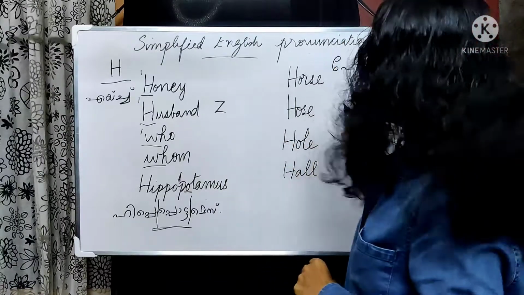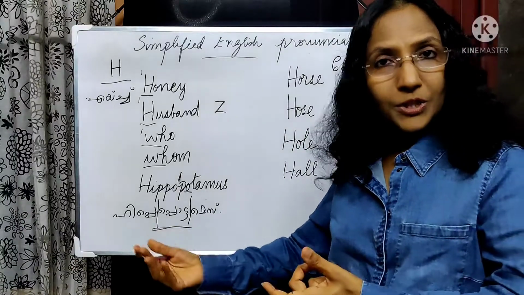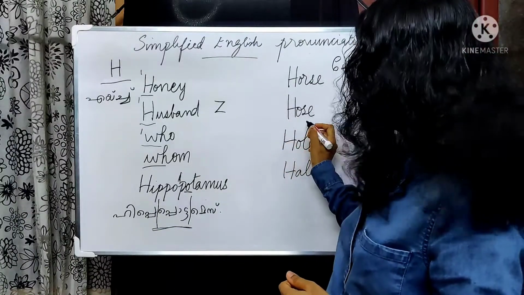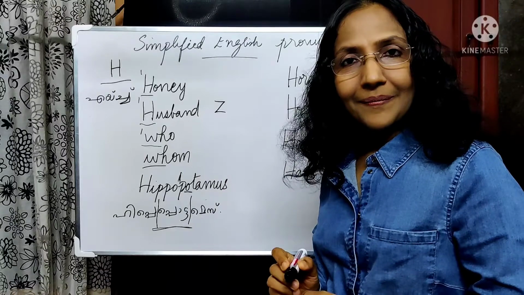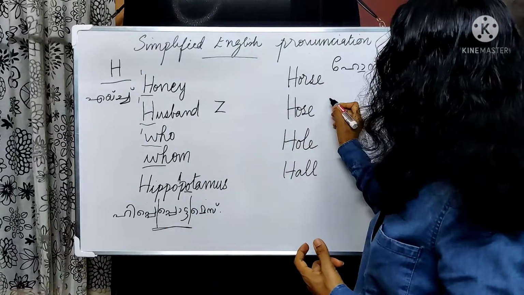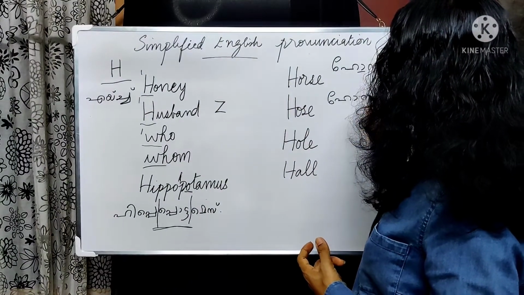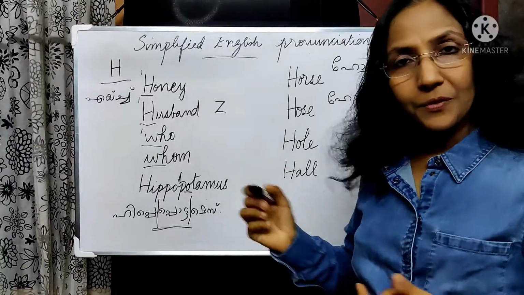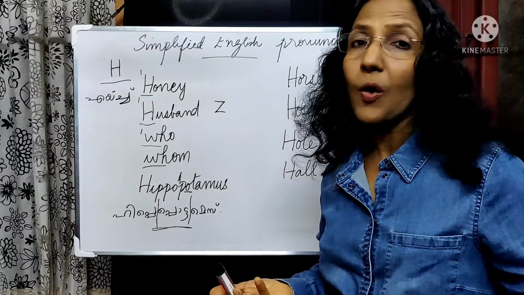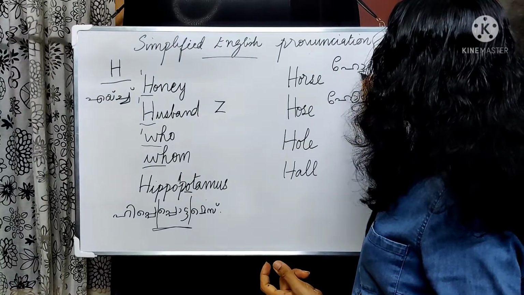Now, what about this one? This is the long tube with which we water our plants. What do we call this? How do you pronounce this? It's a different pronunciation. That is also pronounced in the same way. Here also we have the same articulation, hose, but this sound is different.